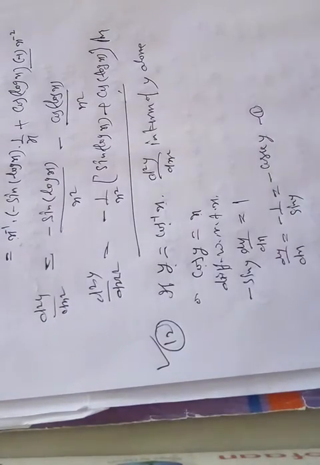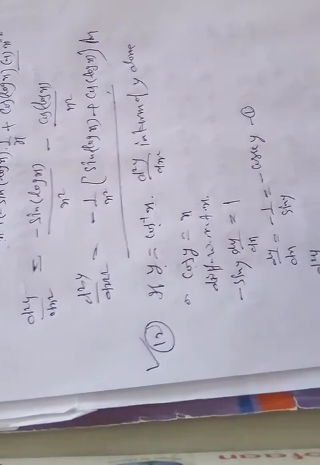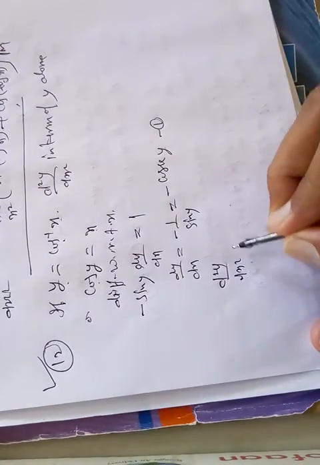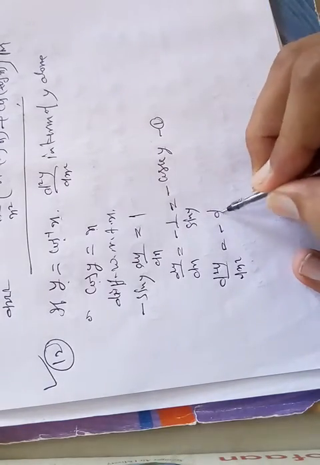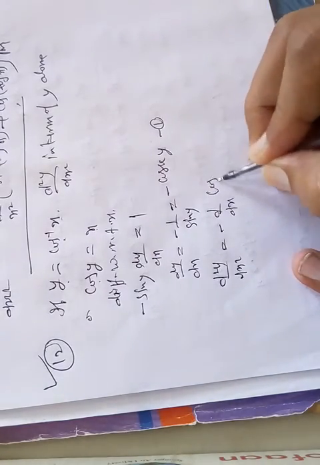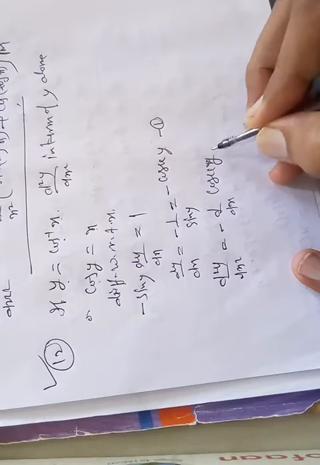Again take the derivative: d2y/dx2 equals minus d/dx of cosec y.